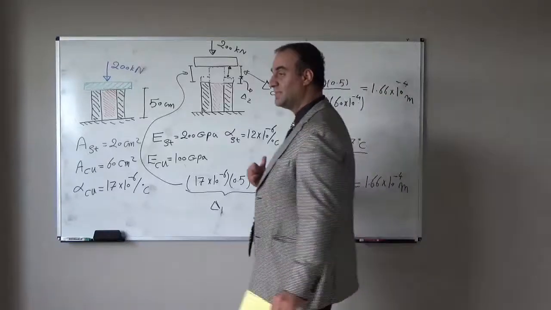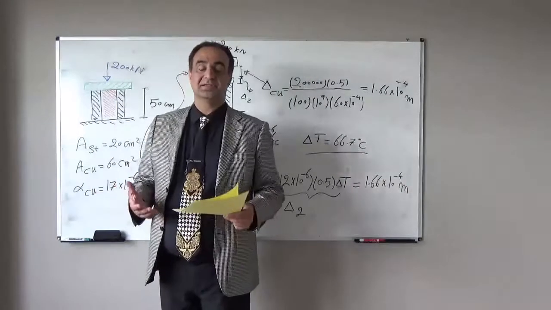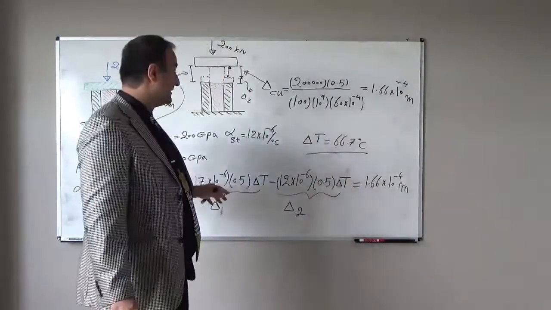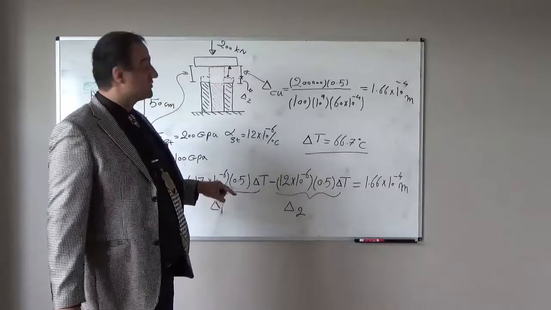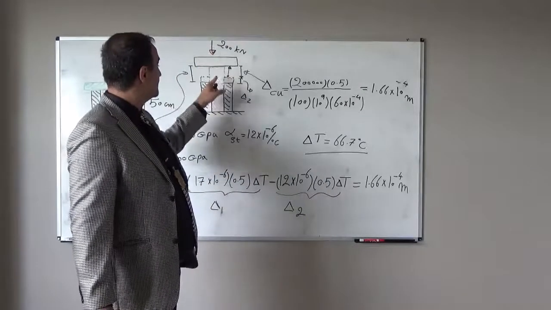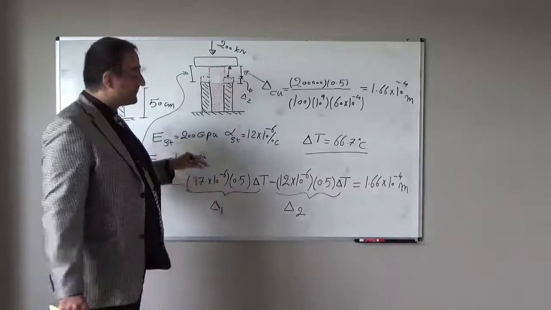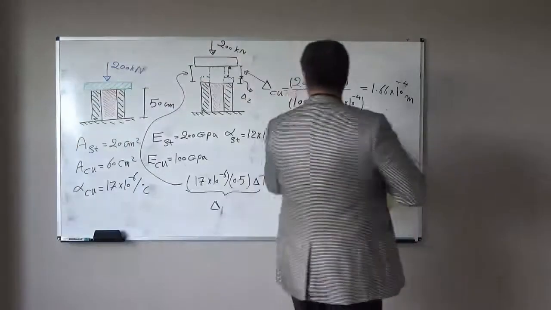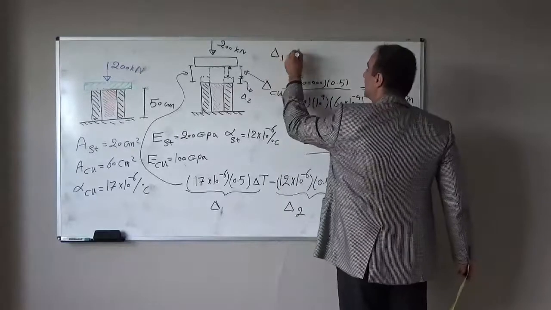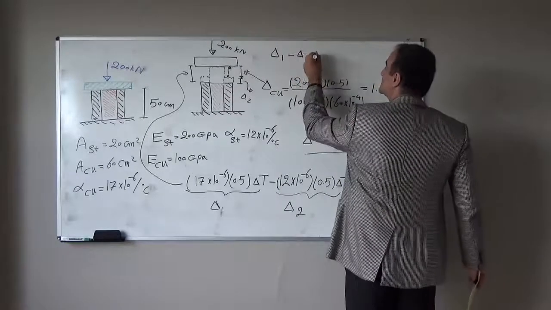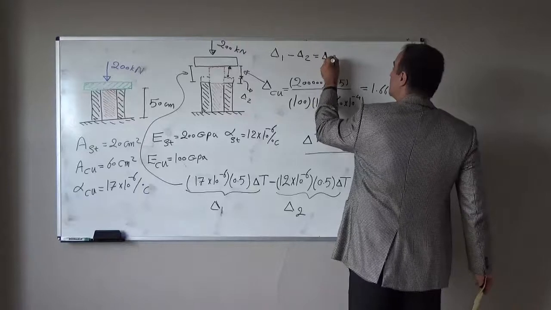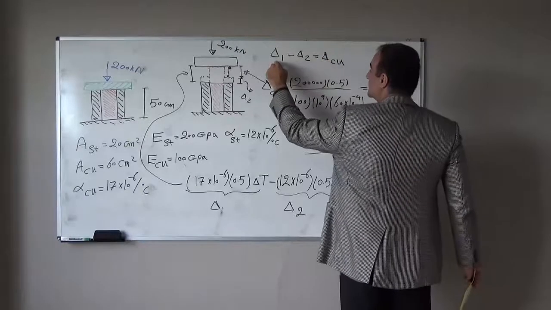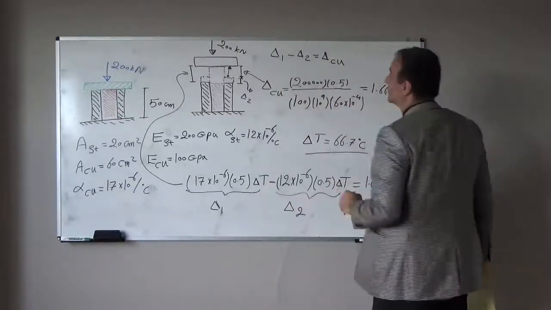In order to transfer the entire load to the copper, deformation in the copper should be equal to delta 1 minus delta 2.